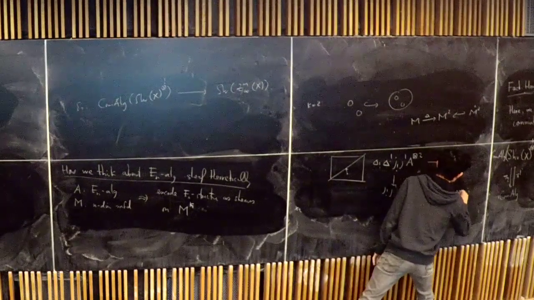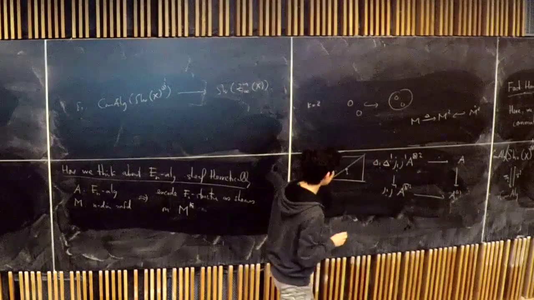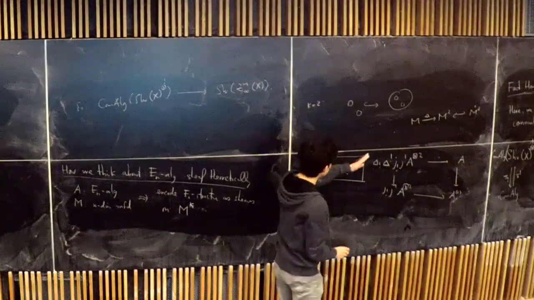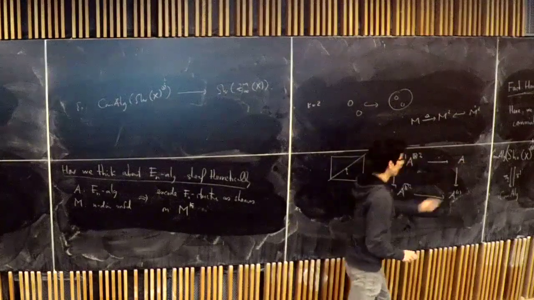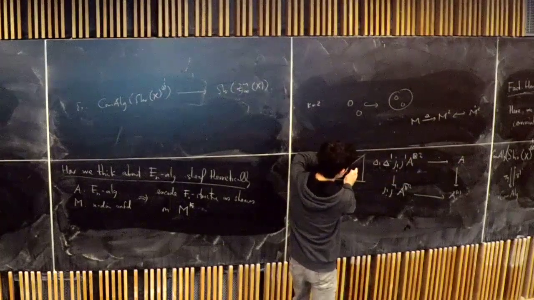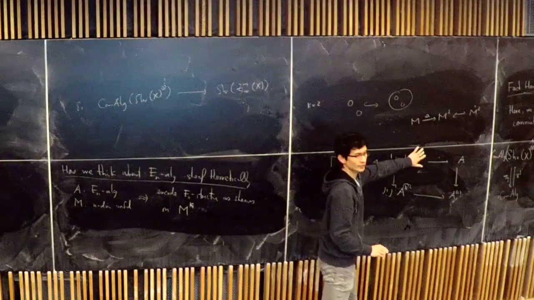I call it A2. So this guy has the property that when you pull back to the diagonal, you get back A, and when you pull back to the complement of the diagonal, you get A box tensor 2.